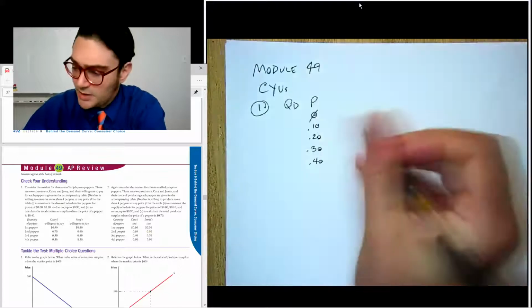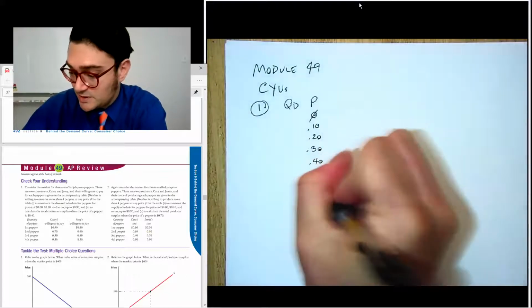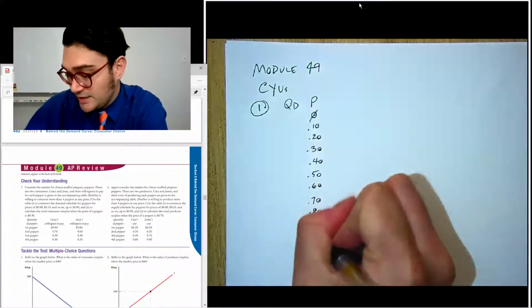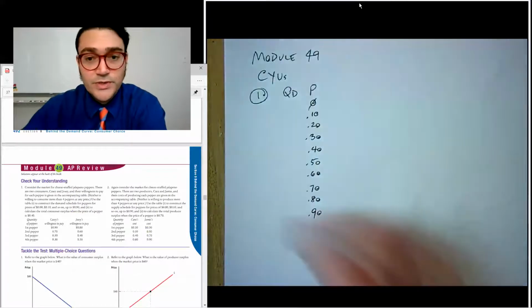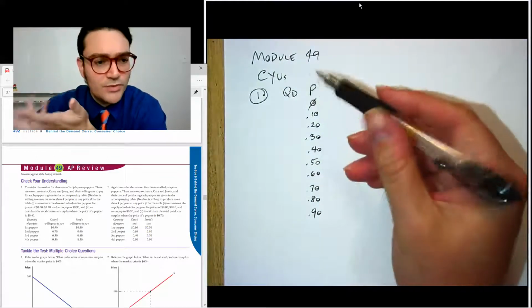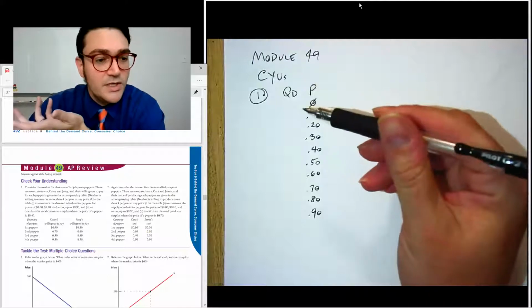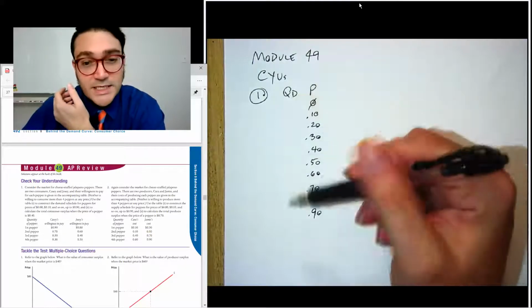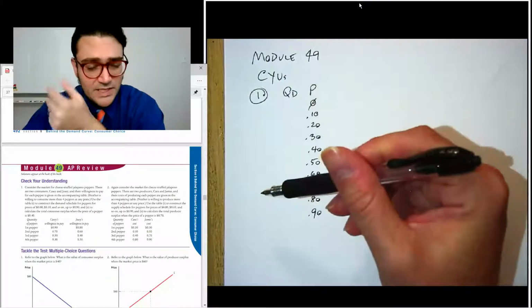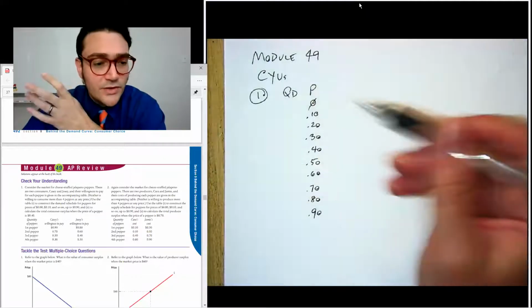So just setting this one up here, it goes to 80 and 90. Now what we're going to do is look and see, at price 0, how many peppers are the two people willing to buy? Well, it's probably easier if we actually start at the bottom, because of the way they've set their table up down there, but we could do it either way.